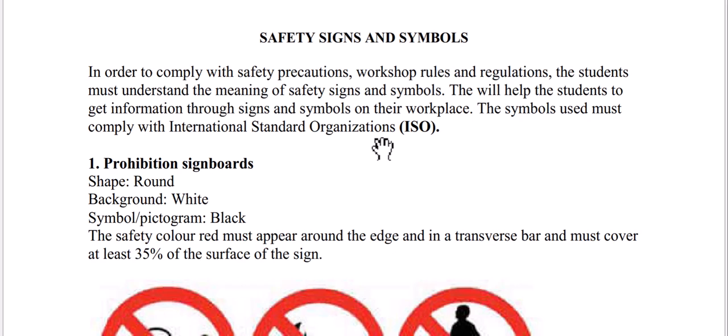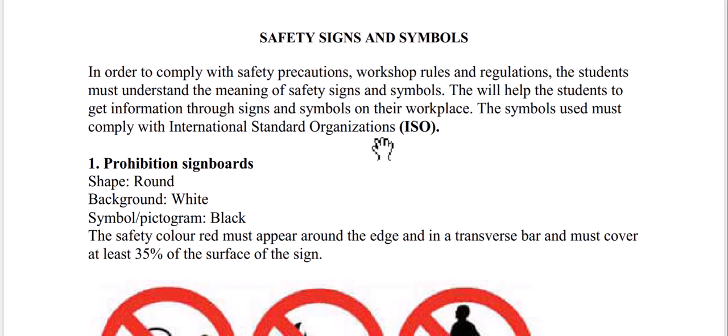Why ISO? Because this is the organization that controls the standard of the world. So to make things standard all across the world, an organization was established which will be controlling. This will make the symbol accurately understood by any person.